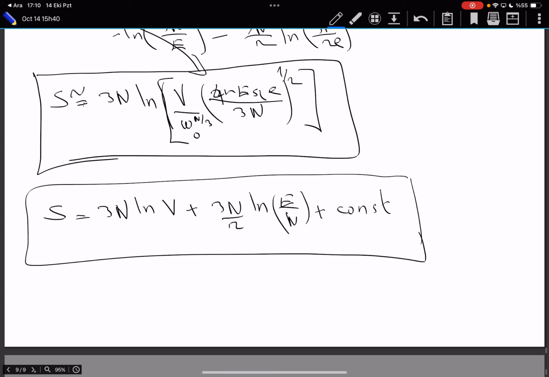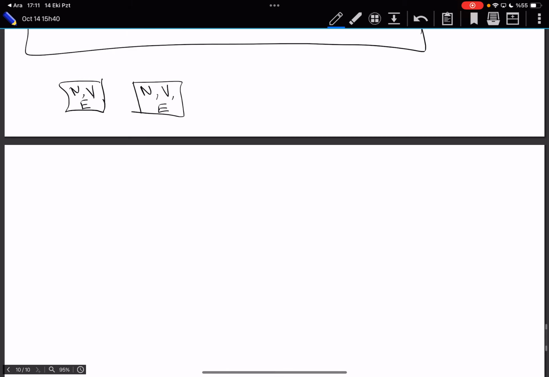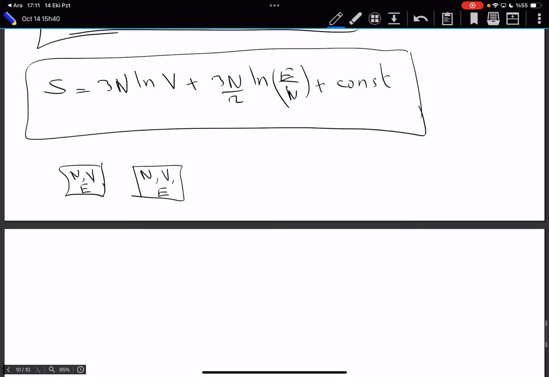Let's say that I have a system that has n particles, is in a volume v, and has an energy E. Then I have an identical system with the same number of particles, same volume, same E. Let's say that this has an entropy S0, this will also have the same entropy.